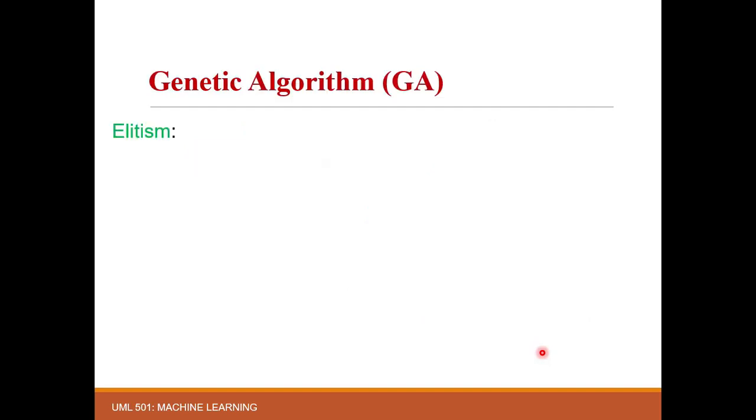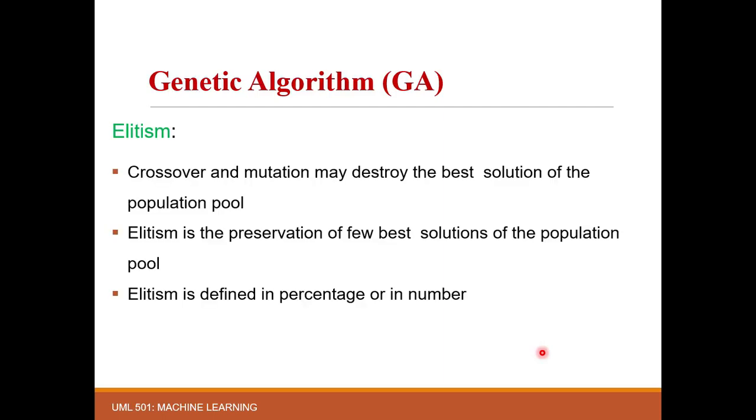There is one more concept known as elitism. Here, what we have discussed is that crossover and mutation may destroy the best solutions in the population pool. That means some of the solutions which are very good in the population may be replaced by children whose fitness value is only somewhat good.